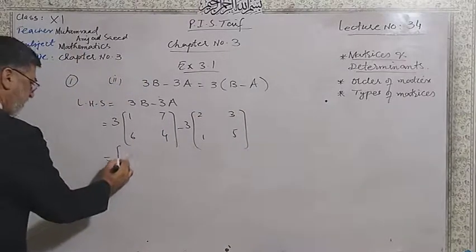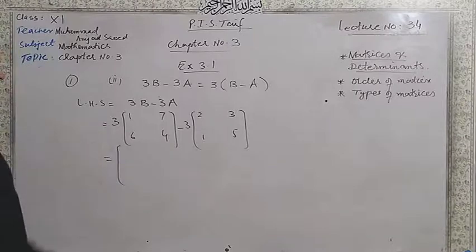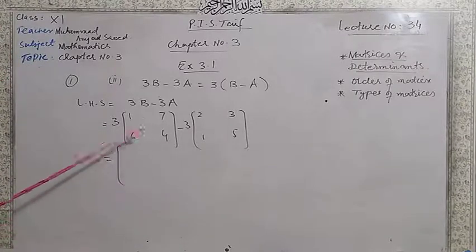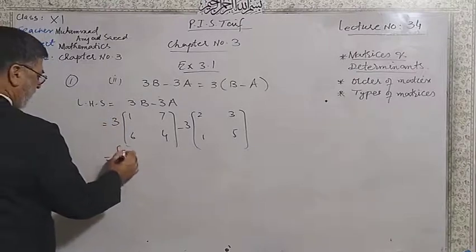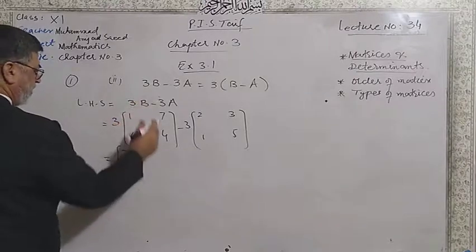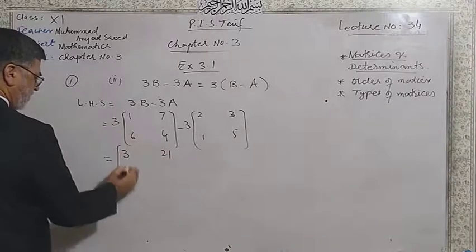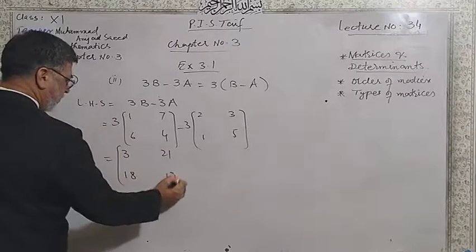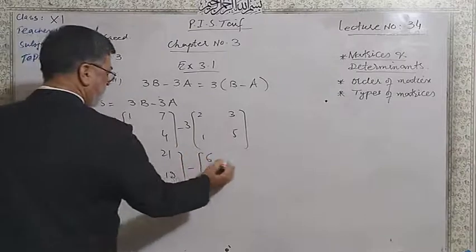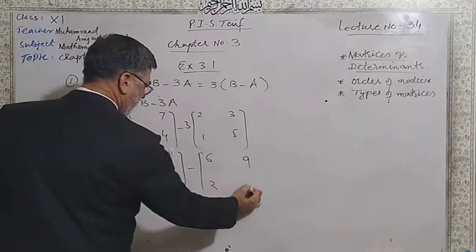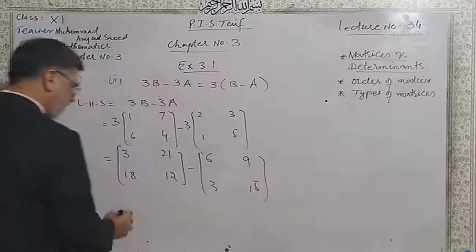Dear students, you will multiply the matrix by this number 3. This is known as scalar multiplication. 3 times 1 is 3, you can multiply directly. 3 times 7 is 21, similarly 18 and 12. Take this 3 inside: 6, 9, 3 and 15.